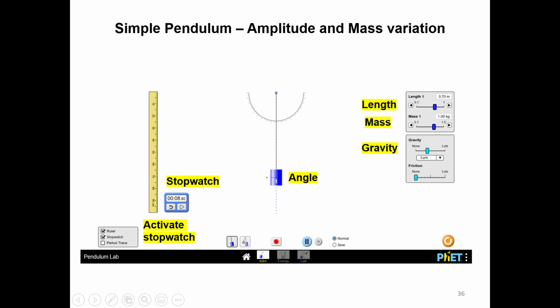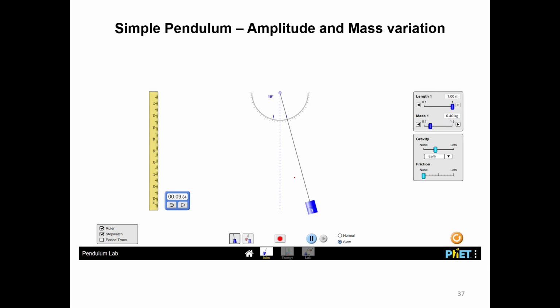How will we change the angle of the pendulum? Just click on the mass and drag the mass to the angle you desire. For example, here you click on the mass and drag the mass to 15 degrees.